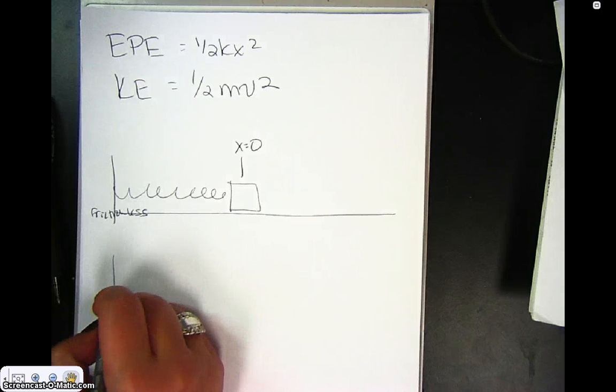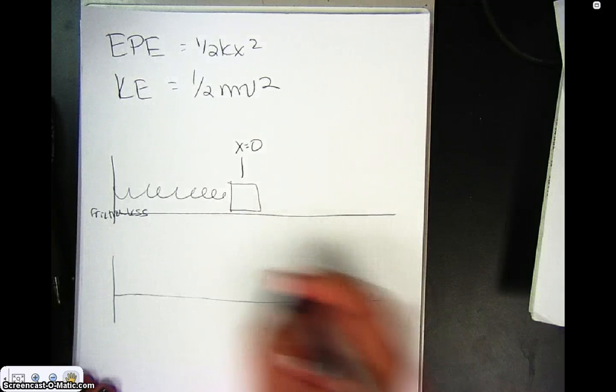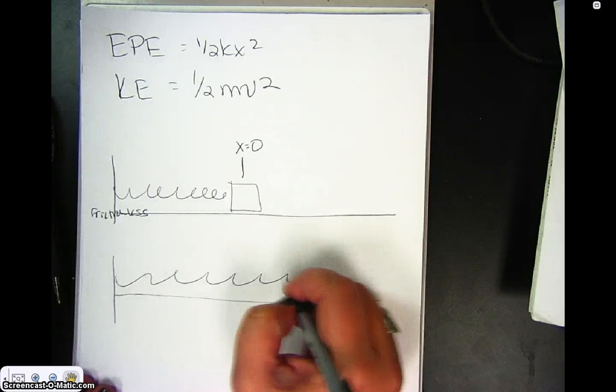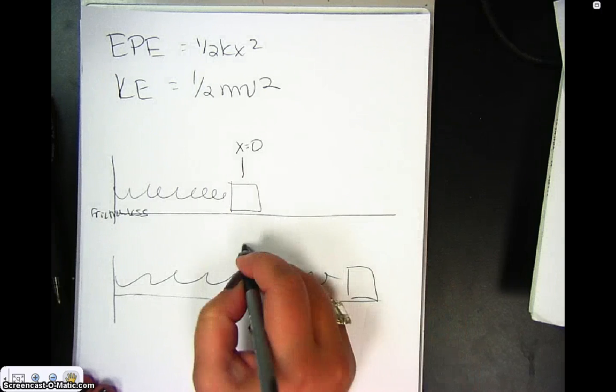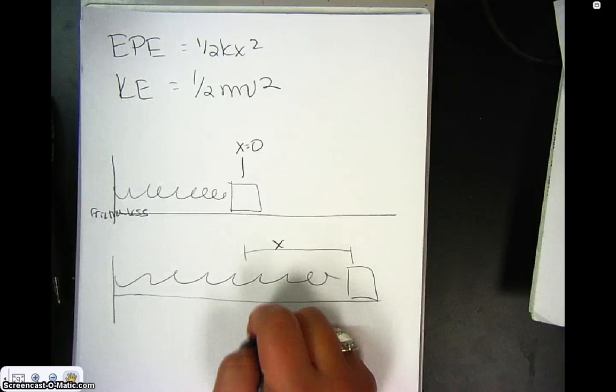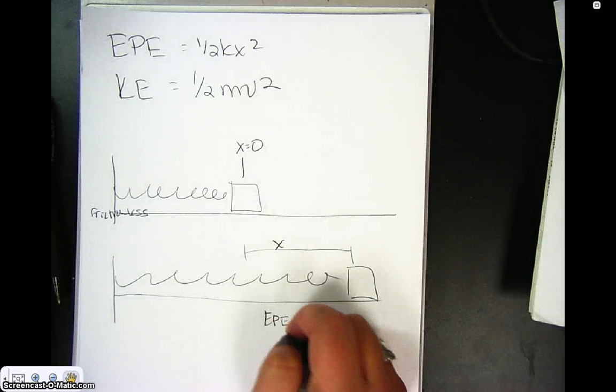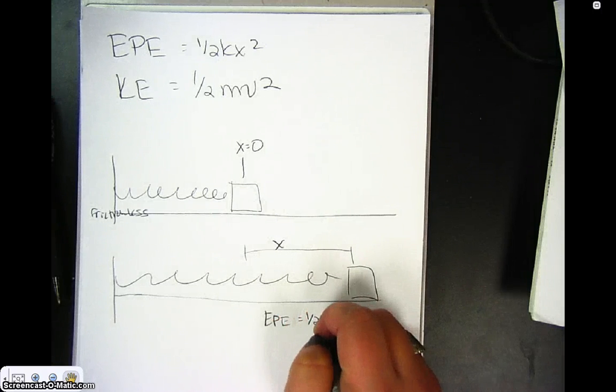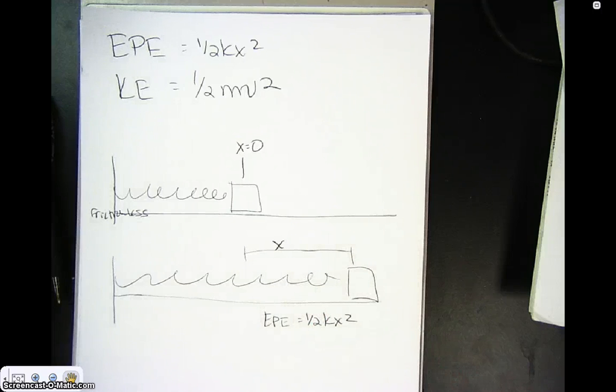Then if I were to pull on it like I did with the mass, I'm going to stretch it out some distance x beyond there, right? So I have added some elastic potential energy, which is equivalent to 1/2 kx squared, right?